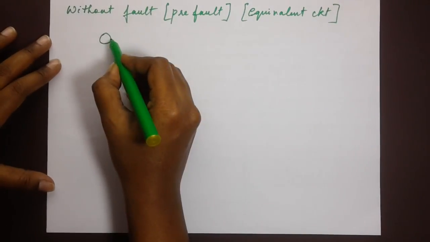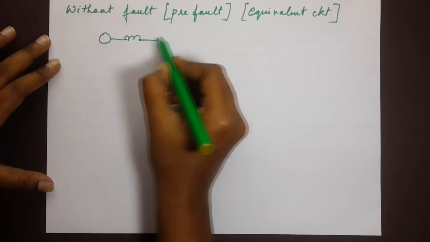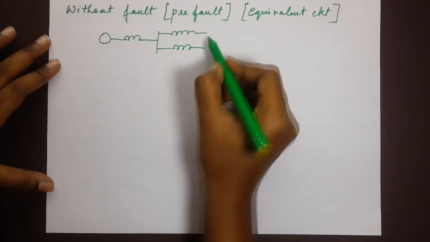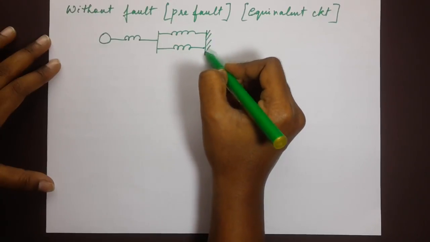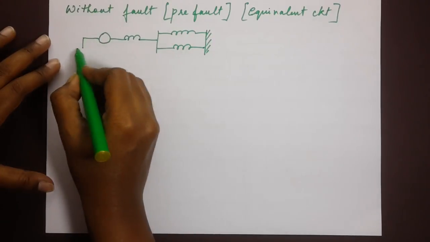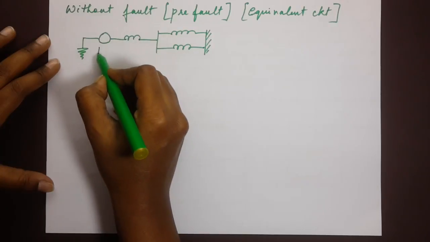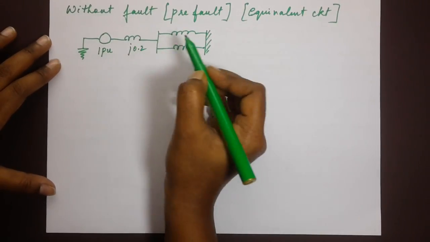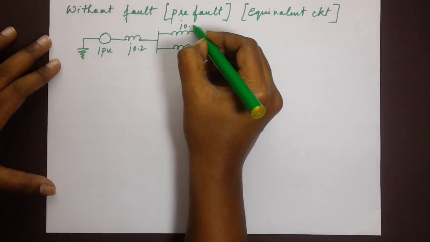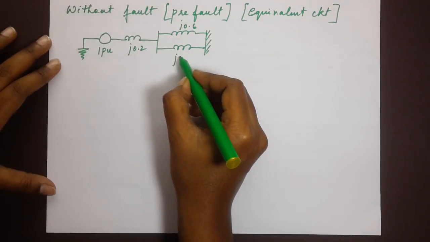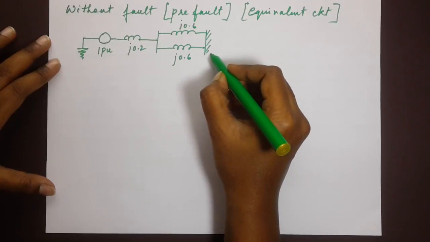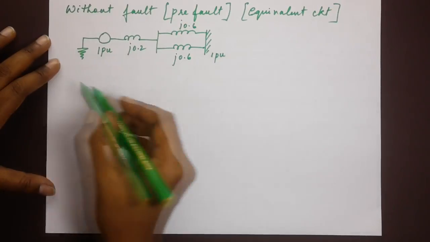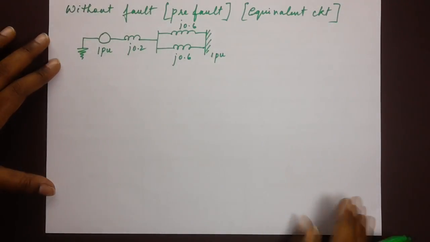So we have this for the first line, this for the second line. Here we have our infinite bus, grounded. We have been given 1 pu here, 0.2 here. We calculated 0.6 for the first line, 0.6 for the second line, and the infinite bus is at 1 pu. So this is our equivalent circuit.